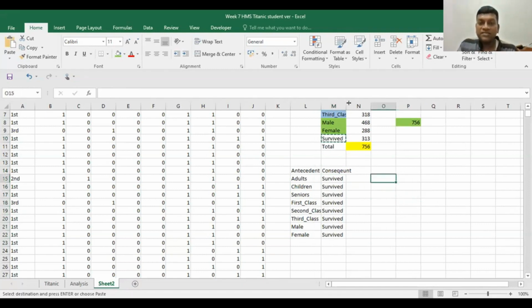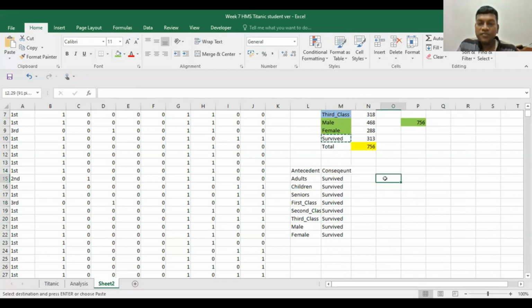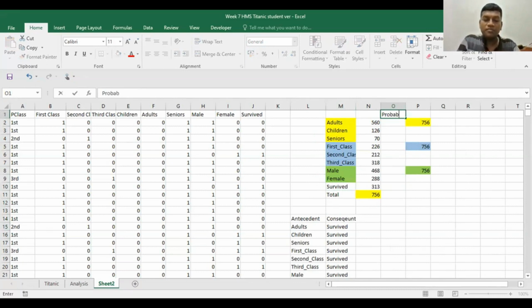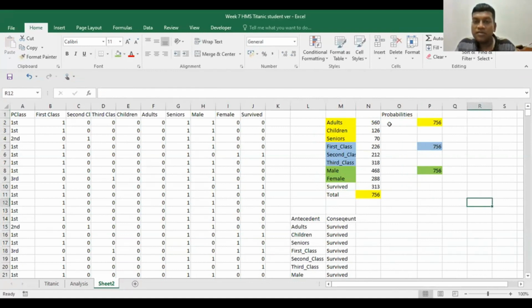So the first thing is we are trying to determine the probability. Okay, so this is the adults, children. Okay, let us find the individual probabilities. Probability of adult is that will be this divided by total number of passengers.